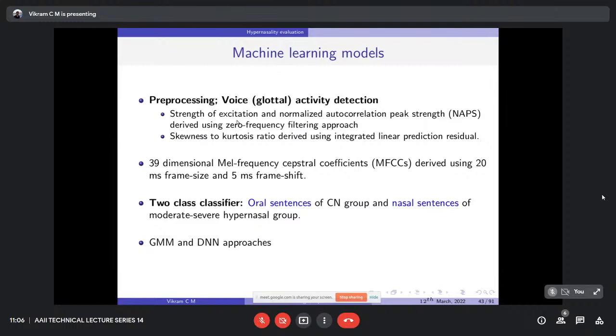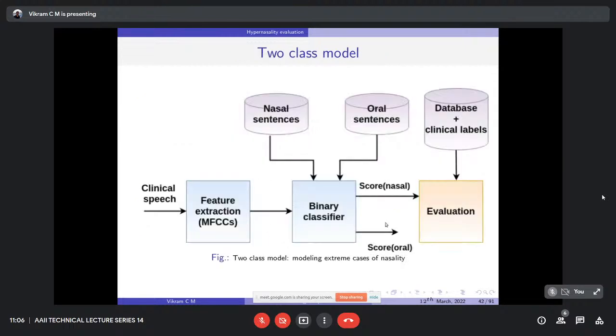In the pre-processing stage, we pass our speech signal through voice activity detection. Further, we extract the MFCC features, and using the data of the oral sentences and nasal sentences, we develop the two-class classifier. Then using the posterior probability values, we evaluate the hypernasality.